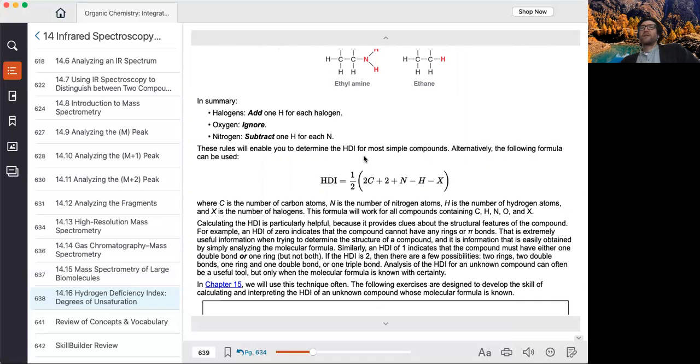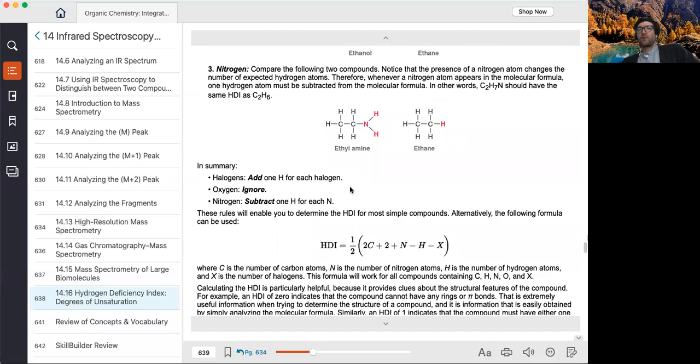You take the number of carbons times 2, you add 2, you add the nitrogens, subtract any H's, and subtract any halogens. One half of that number should give you the hydrogen deficiency index, meaning how many pi bonds or rings we have. If the HDI is 0, that means there are no pi bonds or rings.